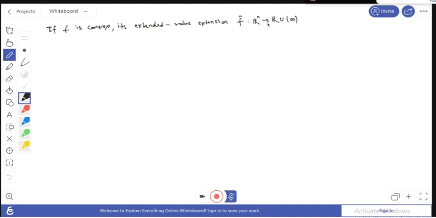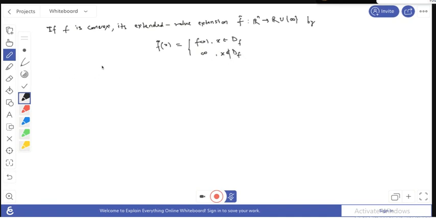Okay. So if we define this f tilde by this much, f tilde of x is defined as f of x when x is belonging to the domain of f, and this becomes infinity if x is not belonging to the domain of f.